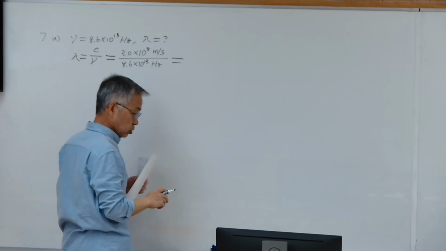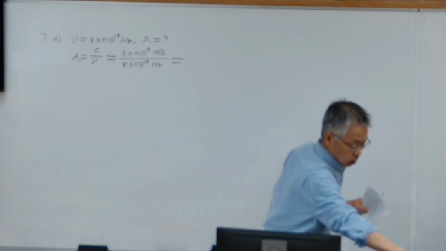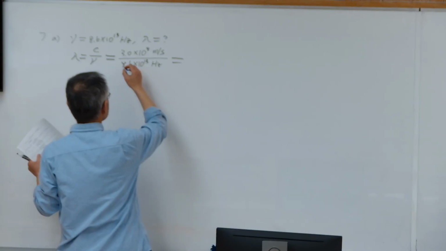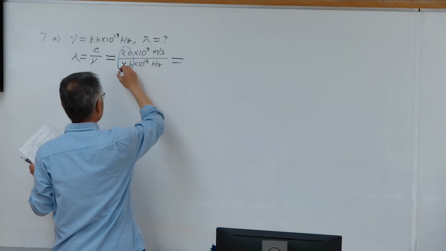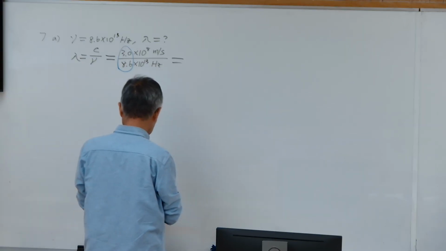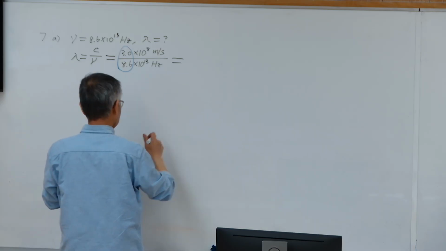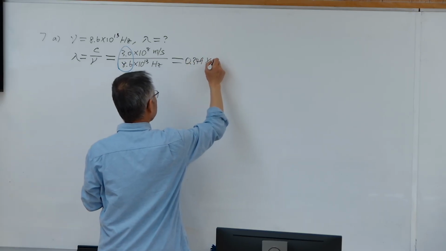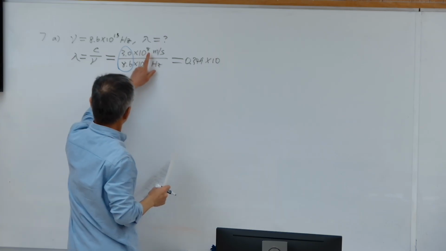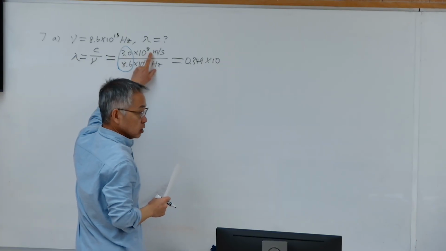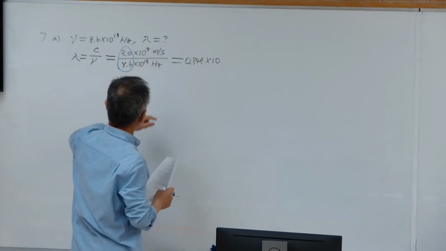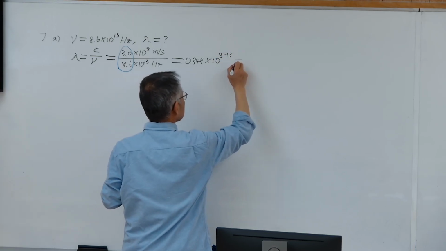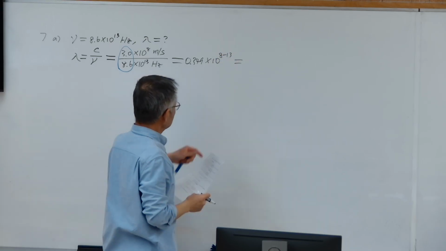So use your calculator. 3 divided by 8.6 in your calculator will be 0.349. Exponent, division is minus, so 8 minus 13 is -5.